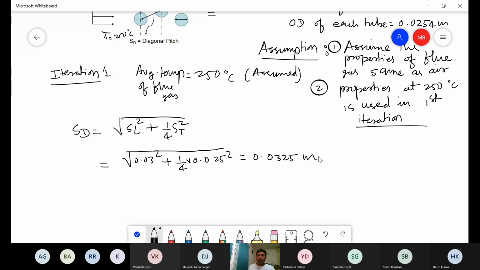Now, having found the diagonal pitch, we have to find the maximum velocity, because if you remember from the last class, whenever we look at heat transfer across a bundle of tubes, we use the maximum velocity for calculating the Reynolds number. Vmax can be given as we saw in the last slide.